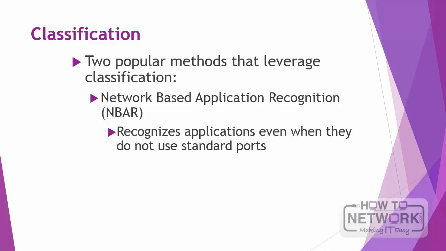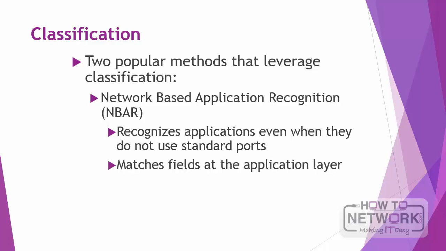An advantage of NBAR is that it can recognize applications even when they do not use standard network ports. Also, it matches fields at the application layer. Before NBAR, classification was limited to layer 4 TCP and UDP port numbers, but NBAR has changed that.